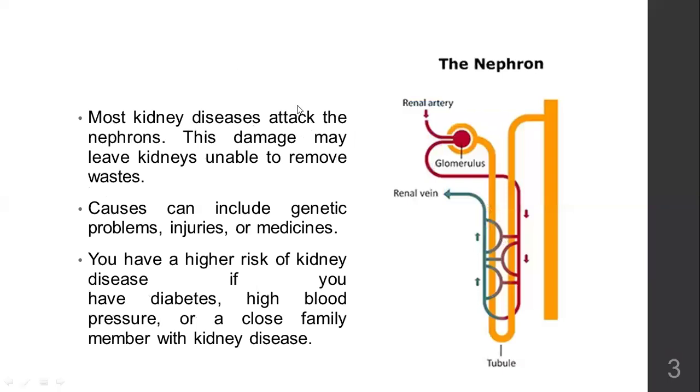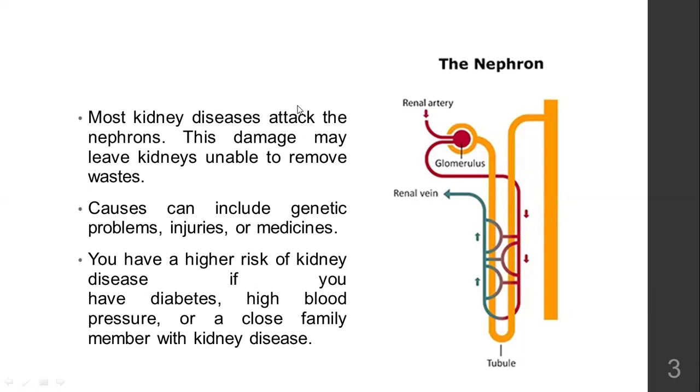The nephron is the structural and functional unit of a kidney. In most of the kidney diseases, which we will discuss further, you will see that nephrons are getting affected, either through infection, inflammation, or physical damage. So the majority of kidney diseases involve nephrons being damaged.